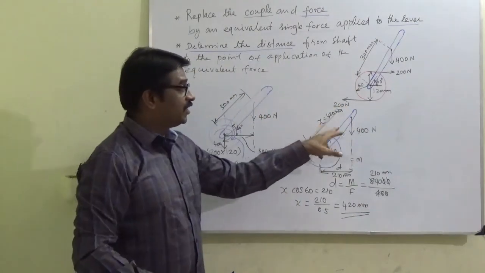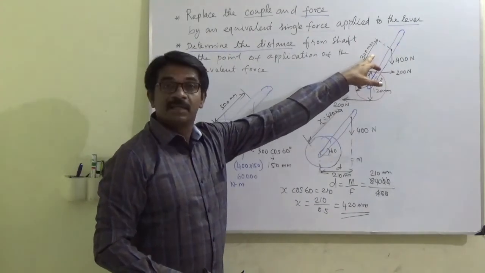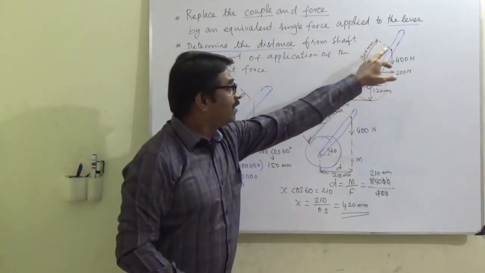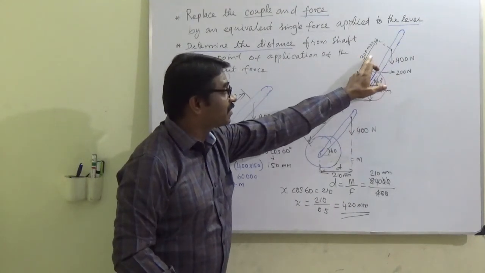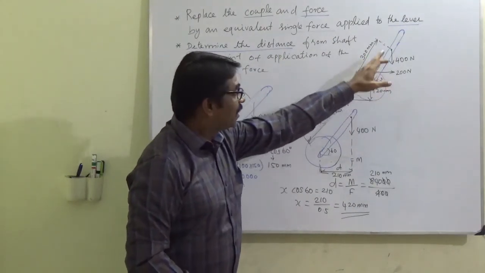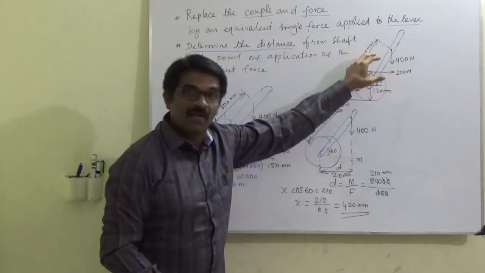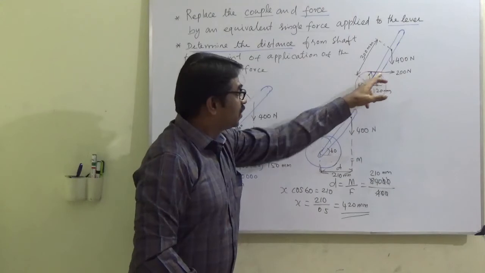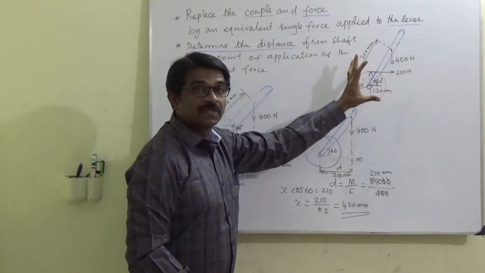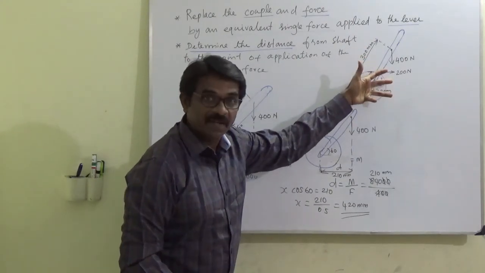What was initially the distance? 300. When the force is at 300 on the lever, this couple is present and together they produce a particular effect.